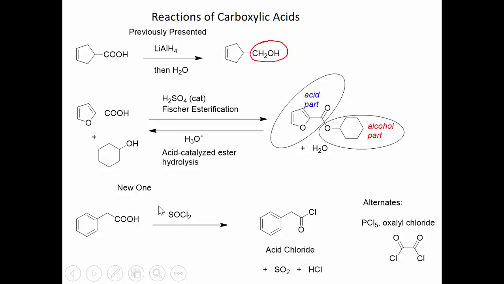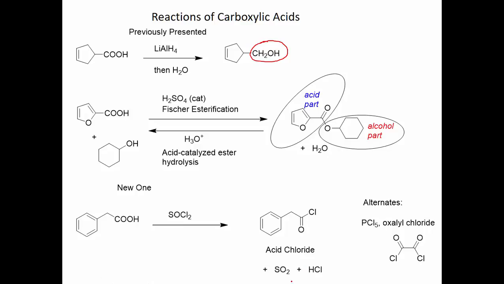Okay, and finally, we have this reaction here at the bottom. The preparation of an acid chloride from an acid can be done most commonly with thionyl chloride, SOCl2, making SO2 and HCl as a byproduct.